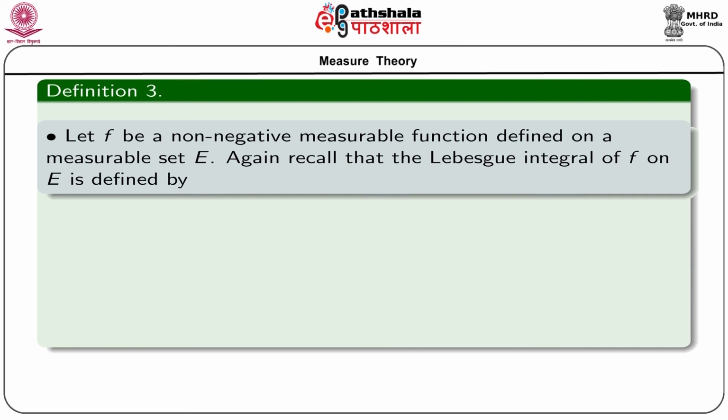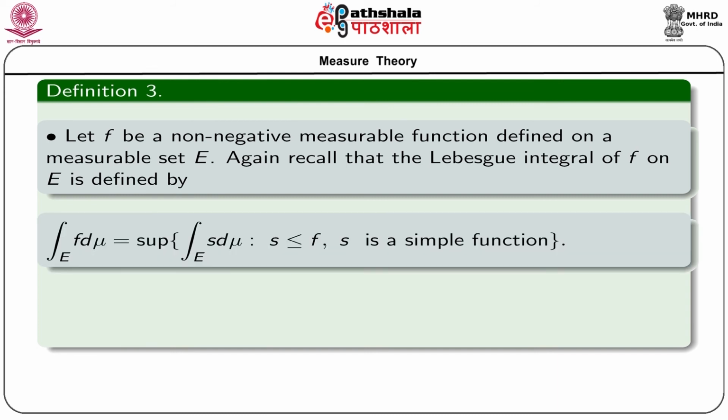So, again recall that if f is a non-negative measurable function defined on a measurable set E, then the Lebesgue integral of f on E is defined by the integral of f d mu over E as the supremum of the integral of s d mu over E, where s is a simple function and s is less than or equal to f.